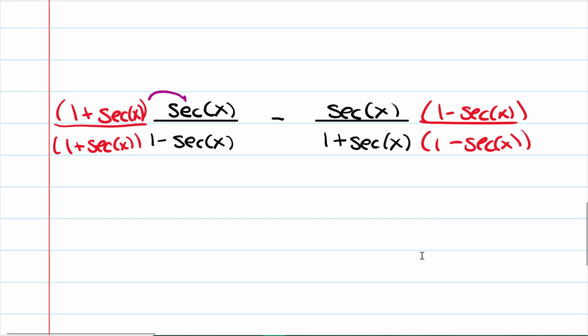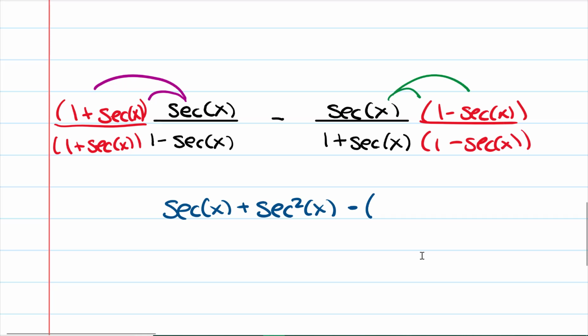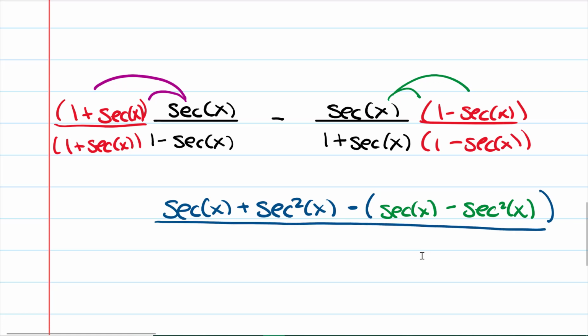So secant, I'm going to distribute, and I get secant of x plus secant squared of x minus, I'm going to put a parenthesis, and I'm going to go ahead and distribute this one now, and I'm going to get secant of x minus secant squared of x, and all divided by my denominator, which is 1 plus secant of x times 1 minus secant of x.